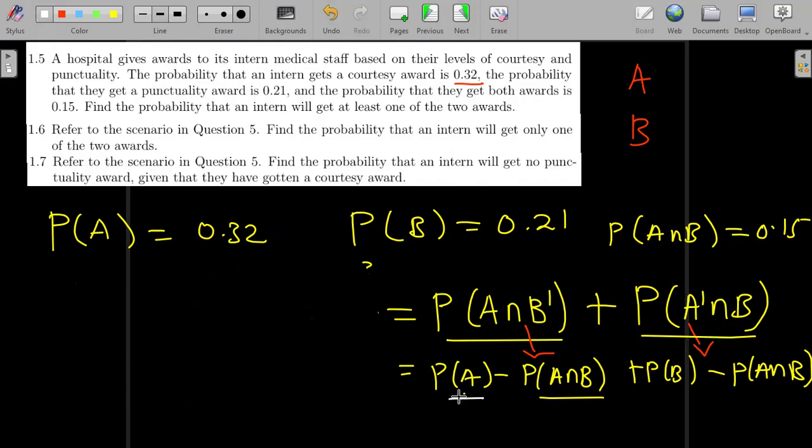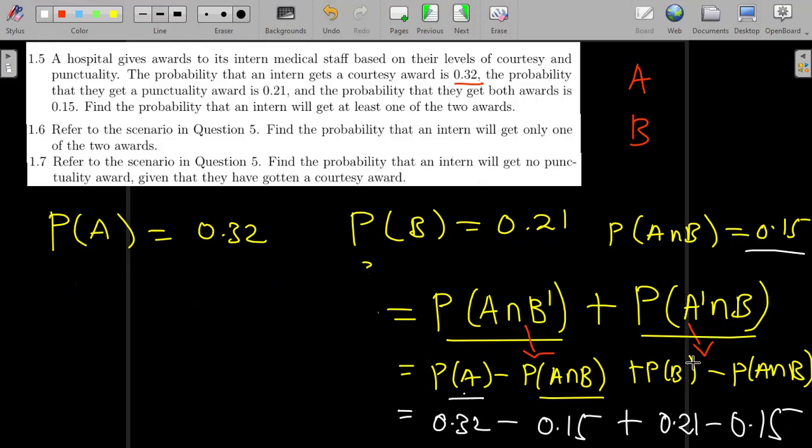Because we have these values here, the probability of A is 0.32 minus the intersection, whose probability is 0.15, plus the probability of B, which is 0.21 minus 0.15.